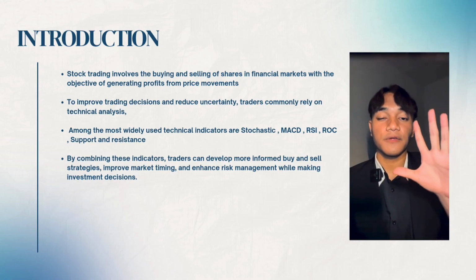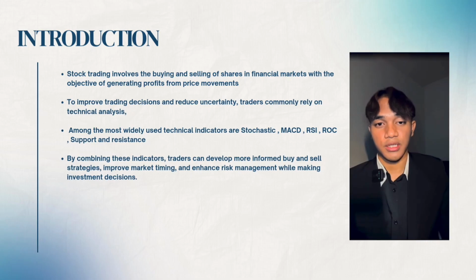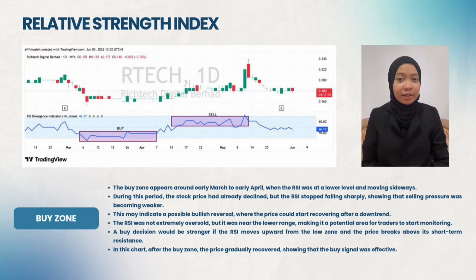While using these 5 indicators, traders could benefit from risk management and could improve the timing of execution to reach their objectives. Today, I will present my technical analysis using the Relative Strength Index, also known as RSI.